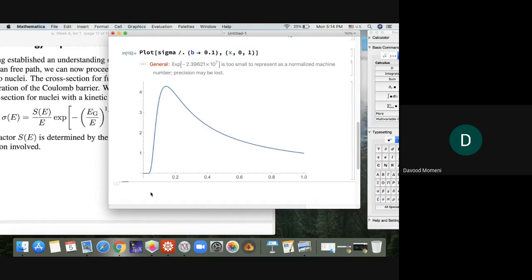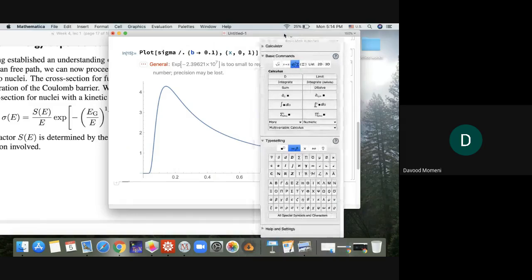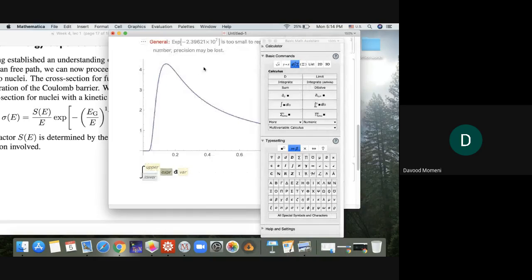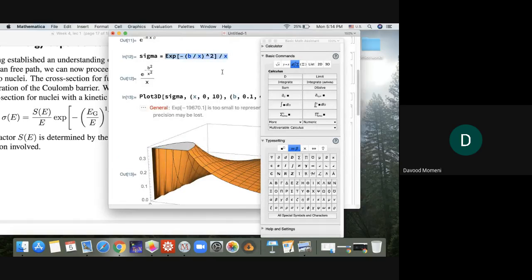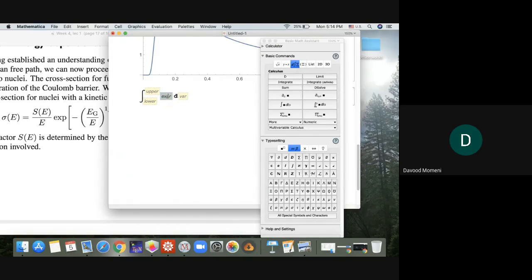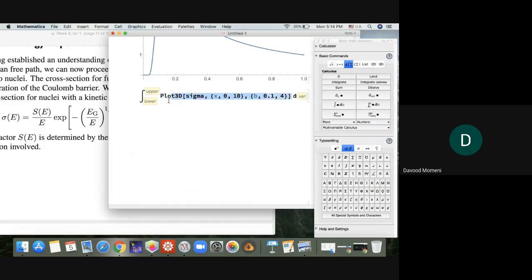What is the total cross section? For the total cross section, you can take the integral of the function called sigma from 0 to infinity. So I can write it here, sigma of x from 0 to infinity.